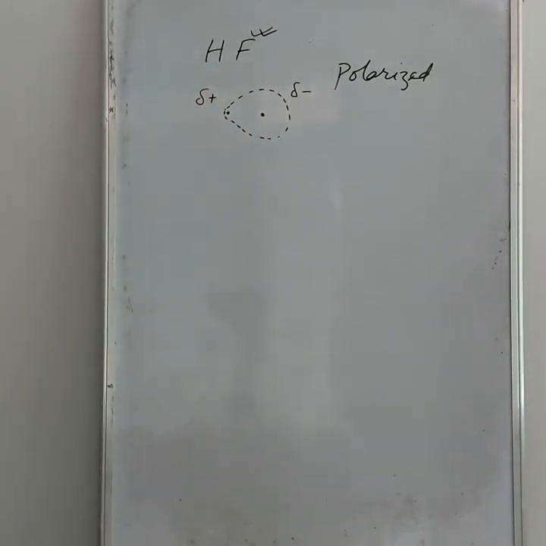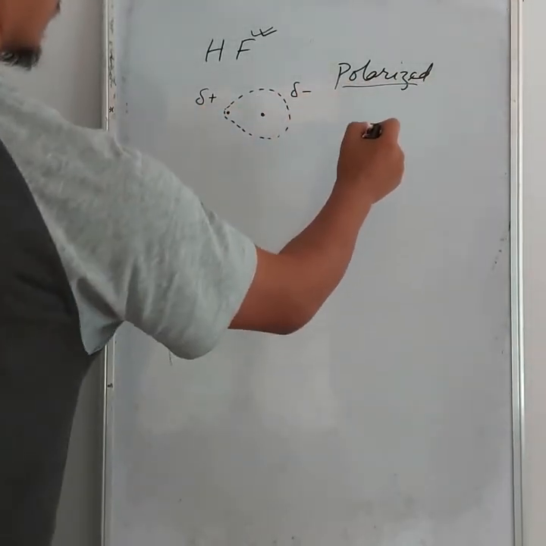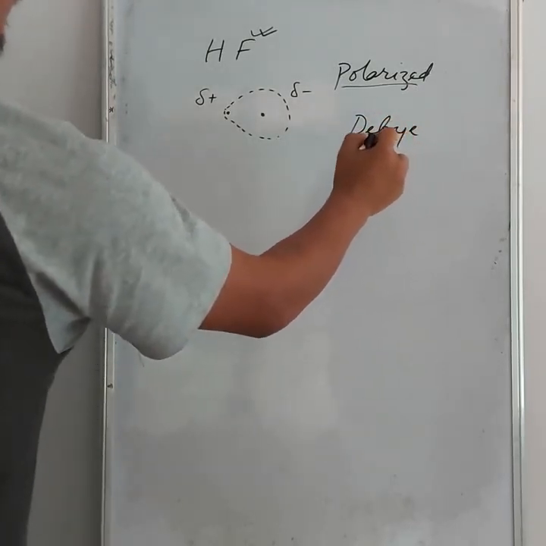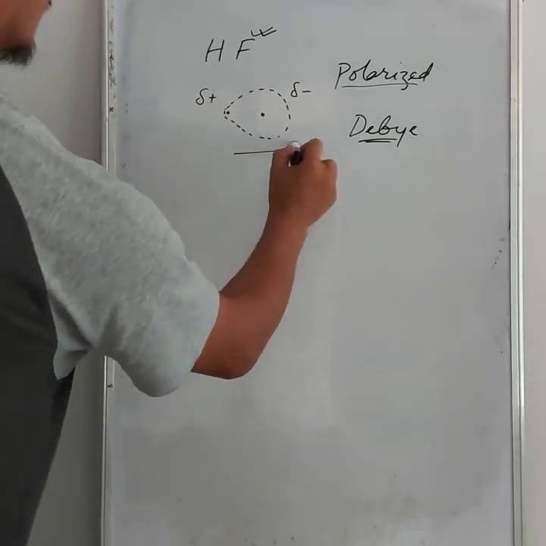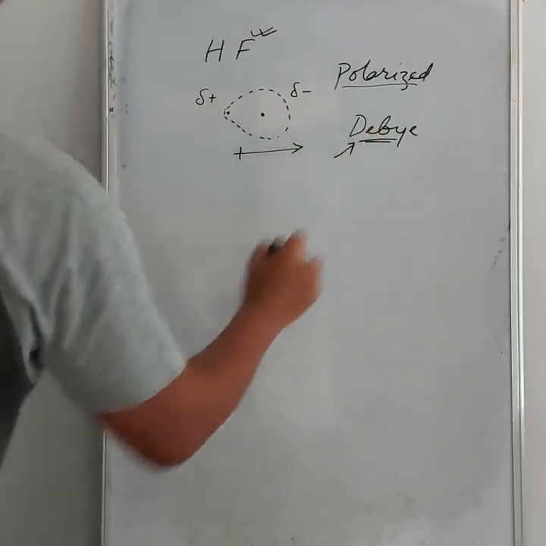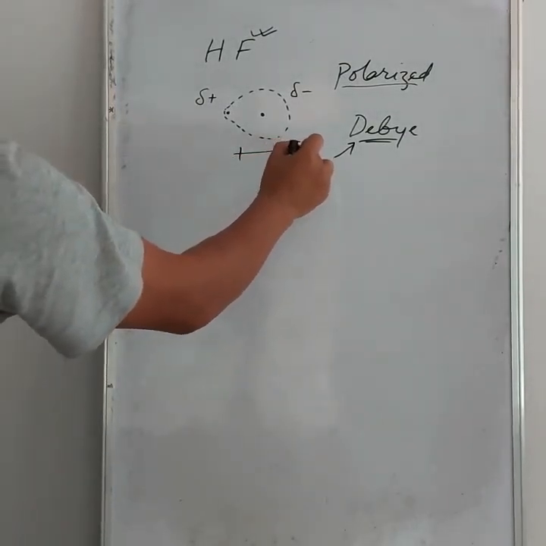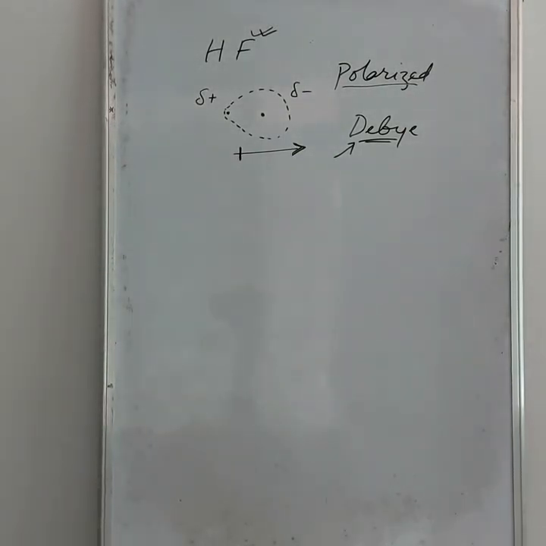This polarization is measured in terms of debye, or dipole. It acquires a dipole moment, measured in debye, and we denote it with this arrow. This signifies the negative charge, and this signifies the positive end of that molecule. So that is the dipole moment of this hydrogen fluoride molecule.